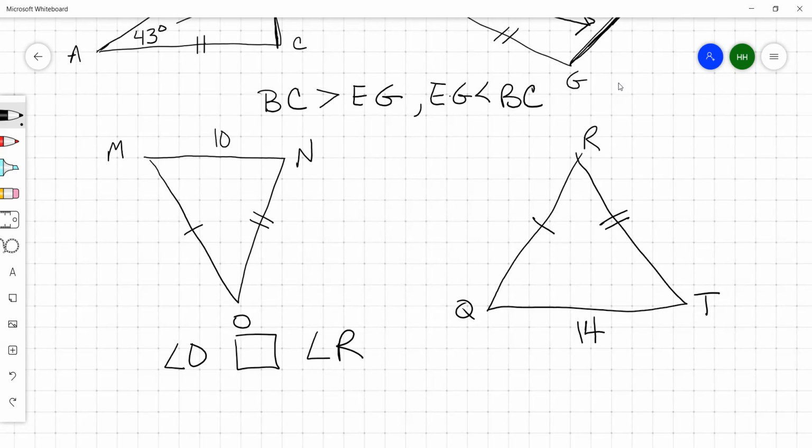Since angle O is the included angle and it's opposite the shorter side, it's going to be less than angle R. Angle O is opposite of 10, and angle R is opposite of 14. So angle O is going to be less than angle R. Another way to say it is that angle R is greater than angle O.